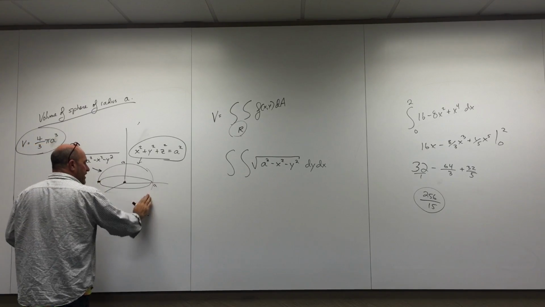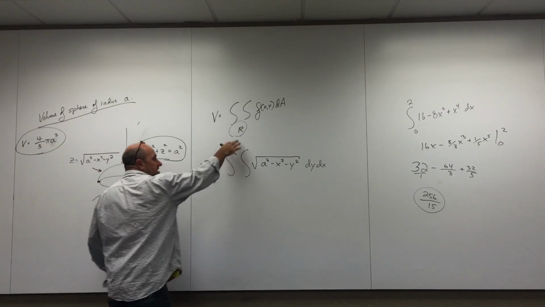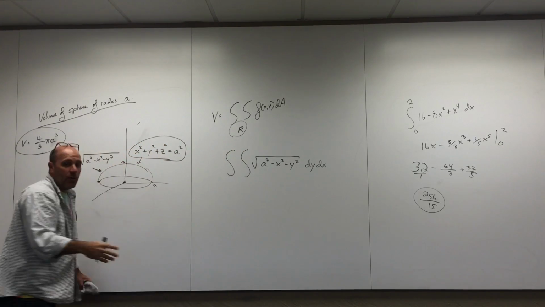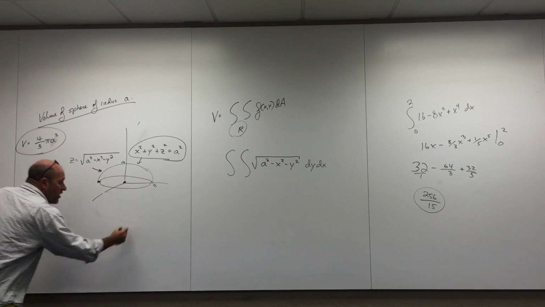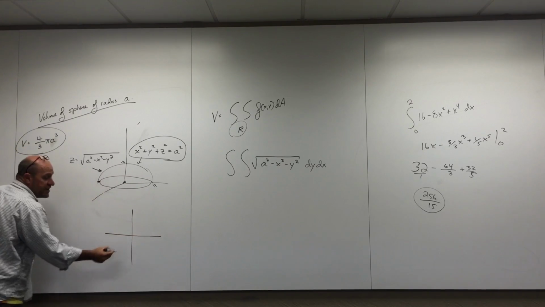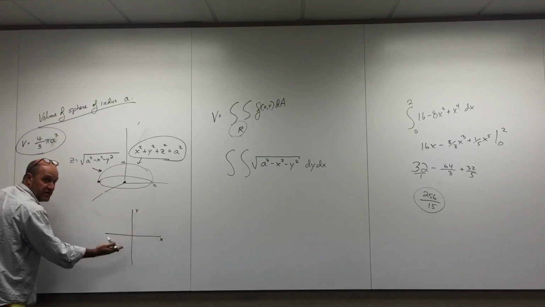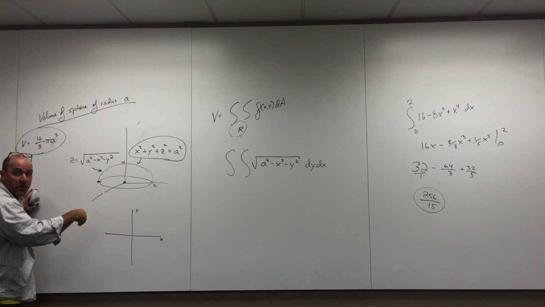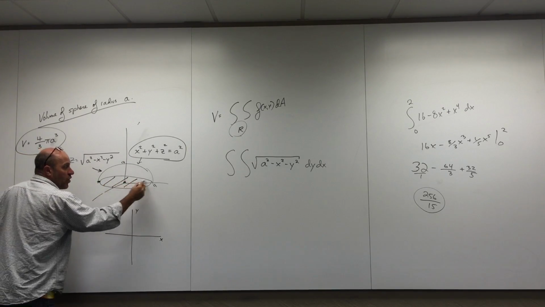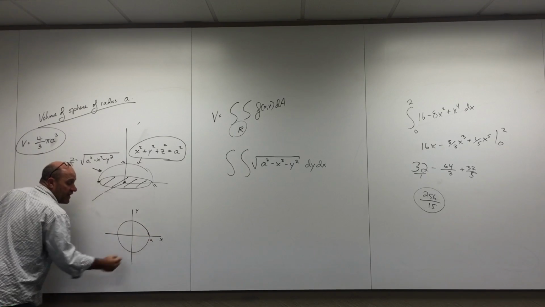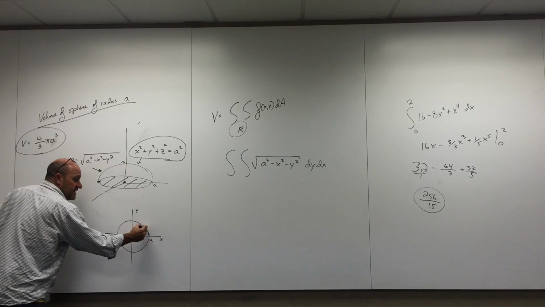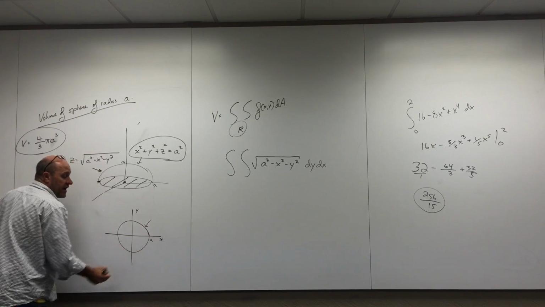Or wait a minute. All right, so now I want to work on my bounds. And if I want to work on my bounds, I want to work on the region over which I'm integrating. I can sort of see it there, but I want to see it clearly. So I also draw this 2D picture of the region over which I'm integrating, which is this floor, a circle of radius a. And what's the equation for a circle of radius a?